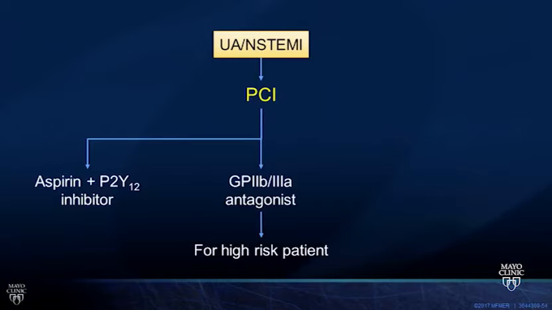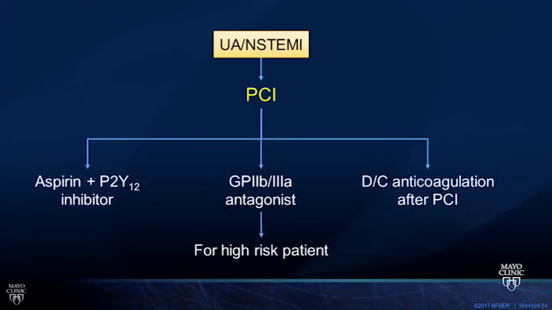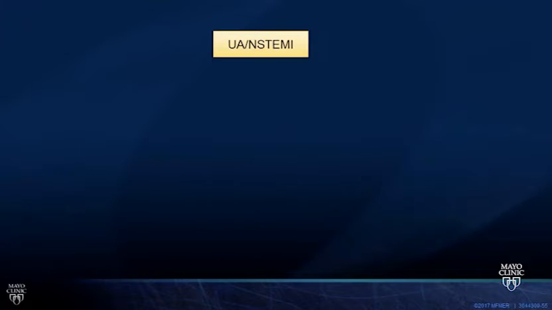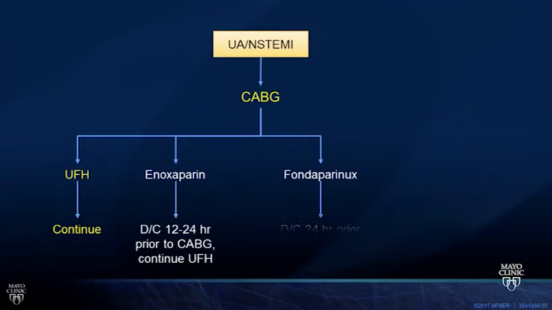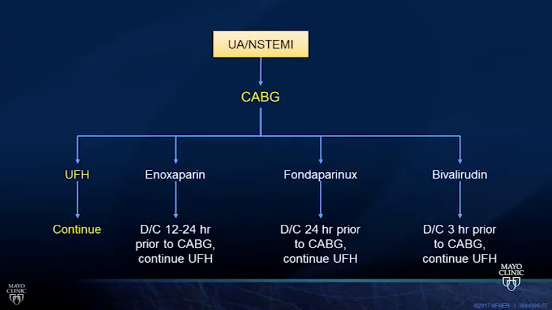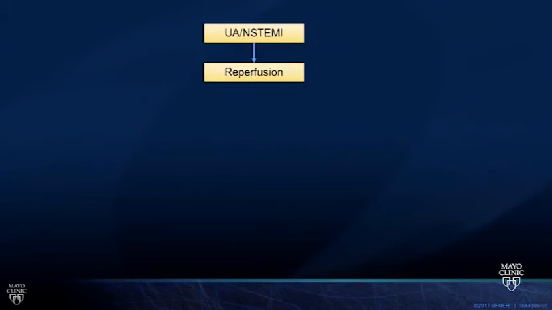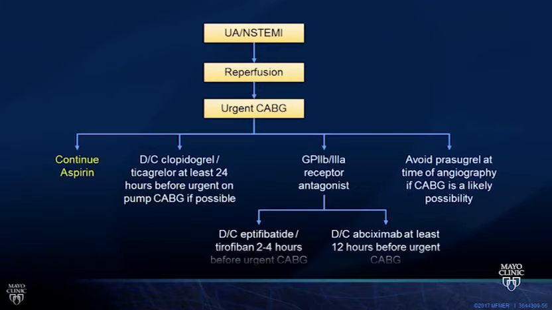Consider GP inhibitors for high-risk patients, and discontinue anticoagulation after PCI after an uncomplicated case. If CABG is the revascularization strategy, we continue unfractionated heparin, and we discontinue the other anticoagulant agents if they were already started, and redose with unfractionated heparin. If it's urgent CABG, you go straight to surgery, again, understanding the bleeding risks associated with that strategy.